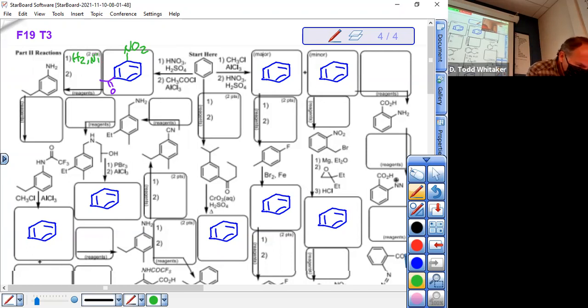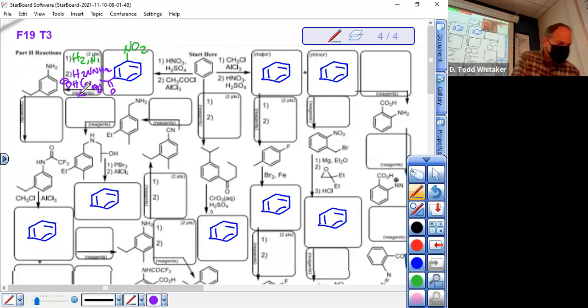And then you've got to do Wolff-Kishner. I do like the Wolff-Kishner this time. Wolff-Kishner: H2N NH2 and OH minus, aqueous, excess, little heat.